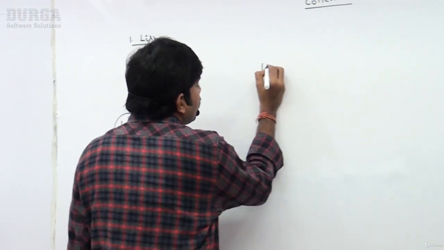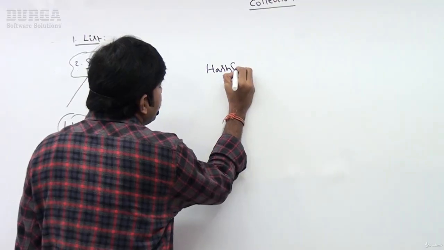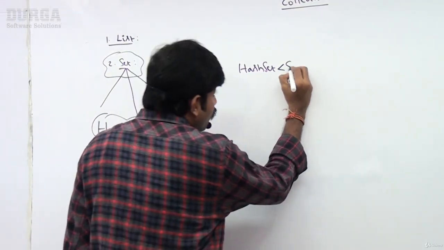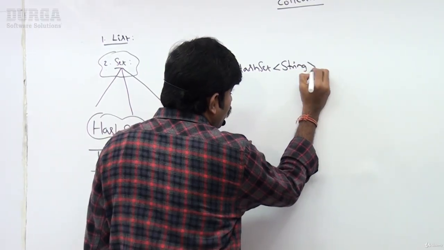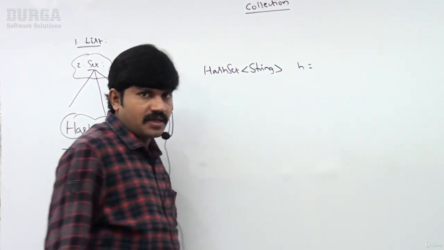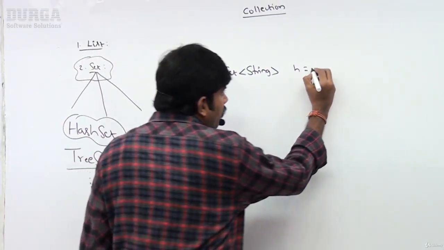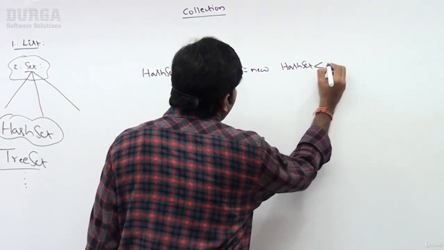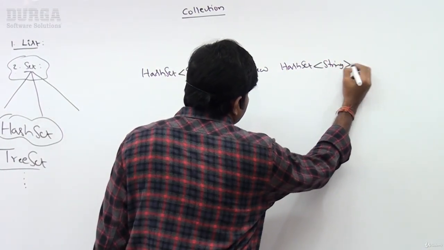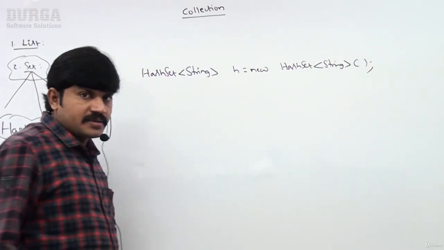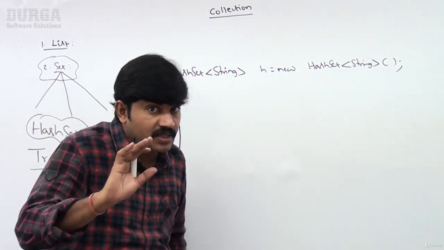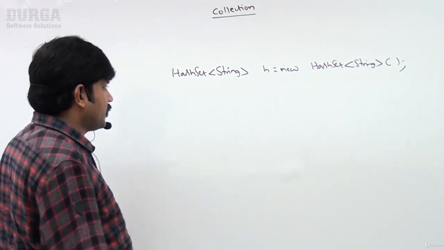Observe, I'm creating a HashSet object. Which type of elements do you want to hold? String type. HashSet of String h = new HashSet of String.